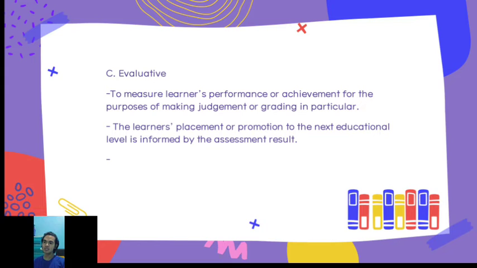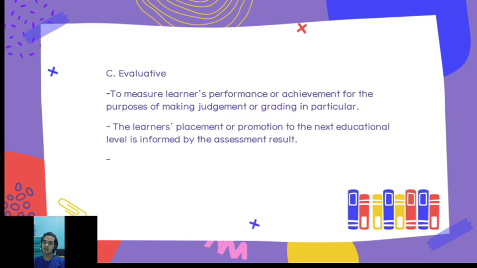So evaluation, it is to measure learners' performance or achievement. So it is basically measuring the learner's performance or achievements through assessment, for the purposes of making judgment or grading in particular. So in evaluating, the teachers might be able to grade those learners based on the performance or the evidence that they produce.